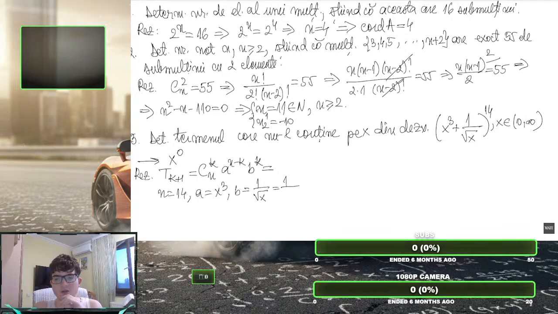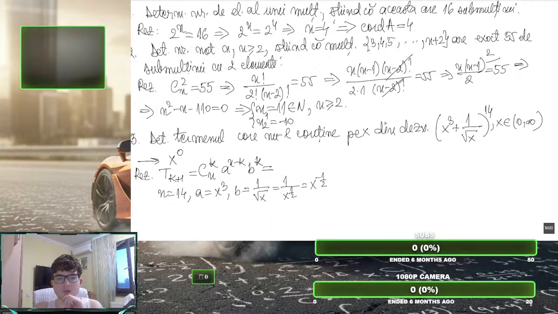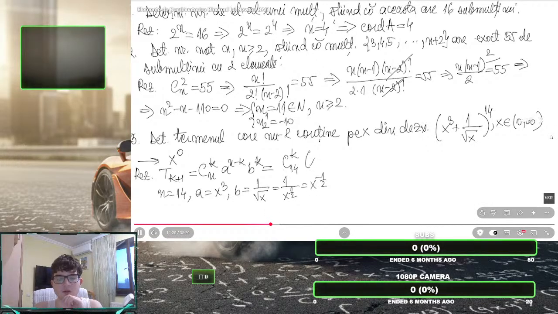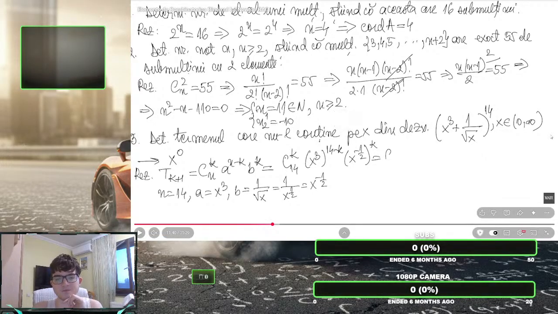And right now b is being expressed differently, so it's 1 divided by square root of x, so we can write it as 1 divided by x to the power of 1 divided by 2, right? And that is x to the power minus 1 divided by 2, and we just write down everything in the formula, right? C14k, and x to the power of 3 at what power? N minus k, which is 14 minus k, and right there we have x at the power of minus 1 divided by 2, all to the k.